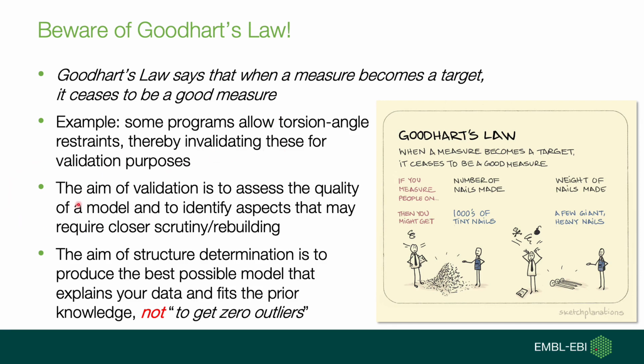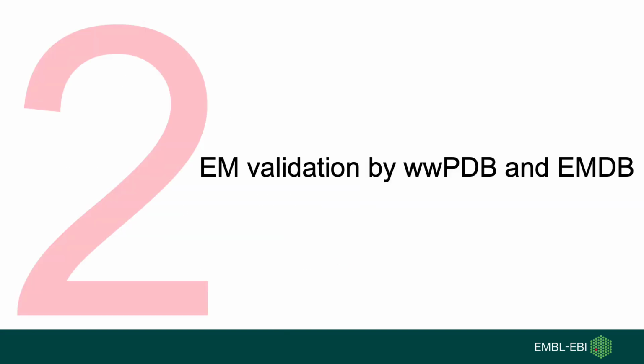And you have to keep in mind that the aim of validation is to assess the quality of your model and the data, and to identify the aspects that may require closer scrutiny, in our case often rebuilding. And the aim of structure determination is to produce the best model that you possibly can that explains all your data and fits the prior knowledge. The aim of structure determination is not to get zero Ramachandran outliers or any other criterion.